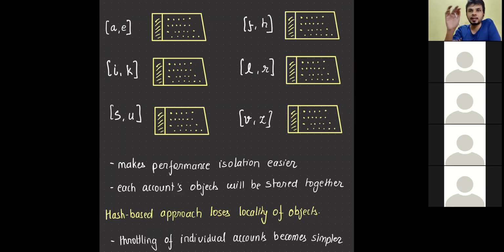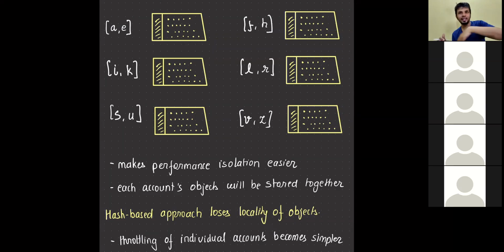We would split the L to R partition into L to M and N to R. So we create explicitly exclusive partition sets and then split the problem. With consistent hashing, it was random because you don't know where in the ring it would fit. But with range-based partitioning, we are doing the same partitioning, but instead of relying on a hash function, we are explicitly allocating the ranges.